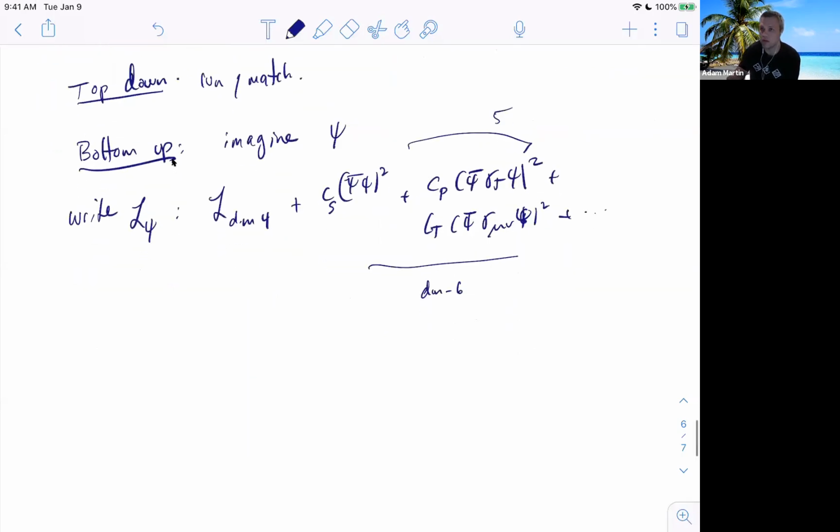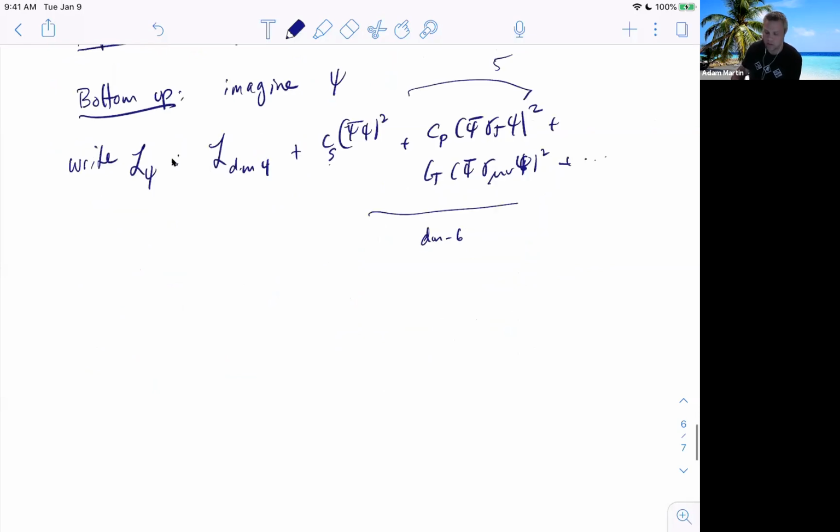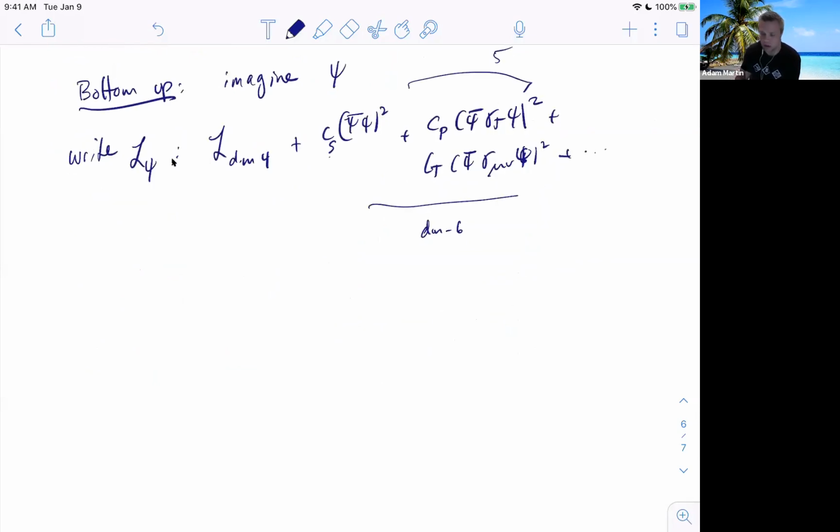I don't have anything to match on to those. How do I do things? Well, you don't need matching. What we would do is just measure. You've been handed this theory. Go and measure psi psi goes to psi psi, psi psi bar goes to psi psi bar.